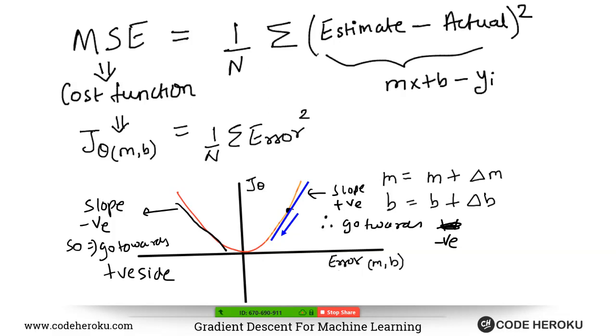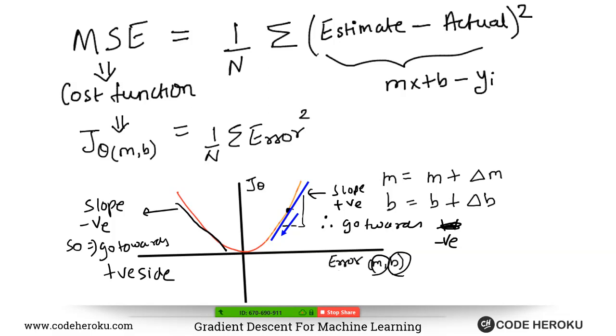And we find the derivative with respect to m and b, and then go in the opposite direction of whatever that derivative is. So if the derivative we get is a positive slope, then we'll move towards the negative direction. If we get a negative slope, then we'll go towards the positive direction, okay?